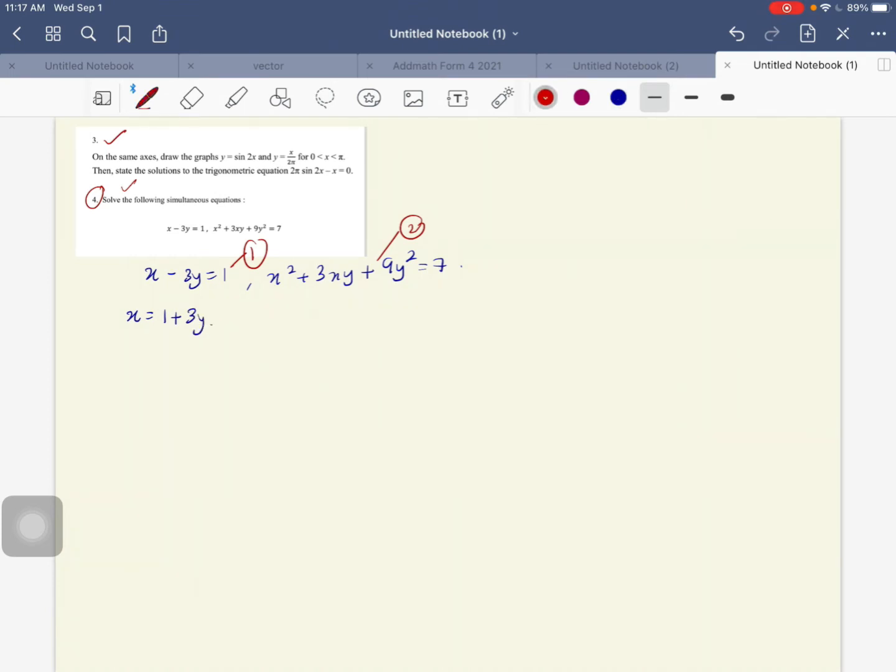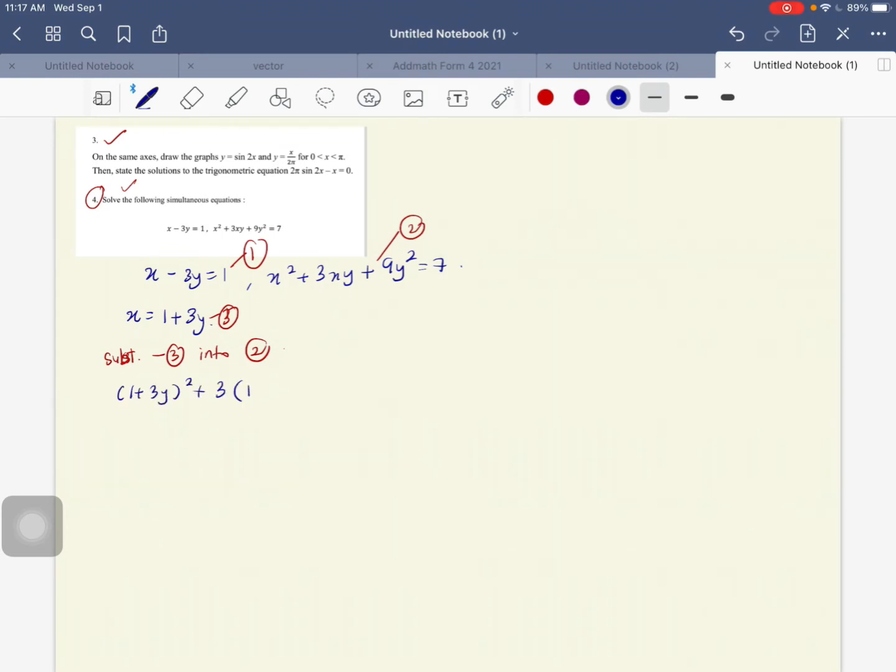I say that this is equation number 3 because I labeled it at first. So what I do next is I substitute equation 3 into equation 2. It happens to be something like this.